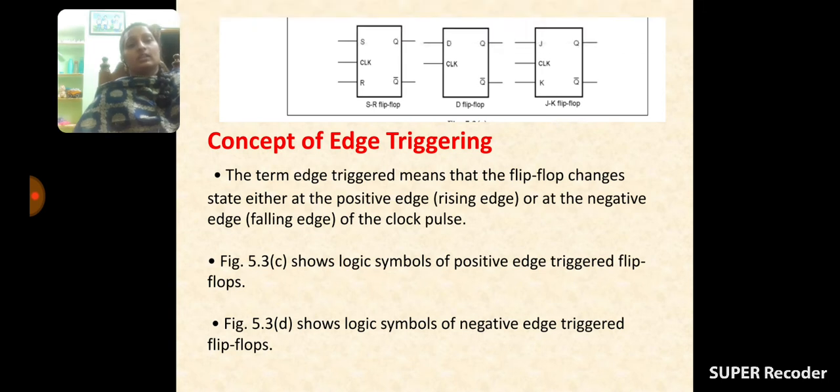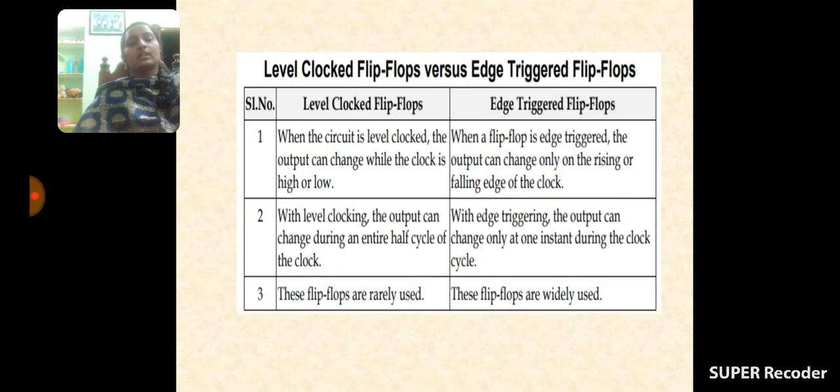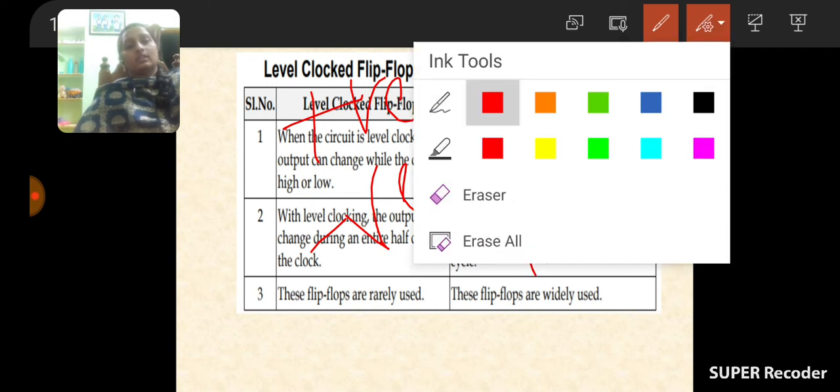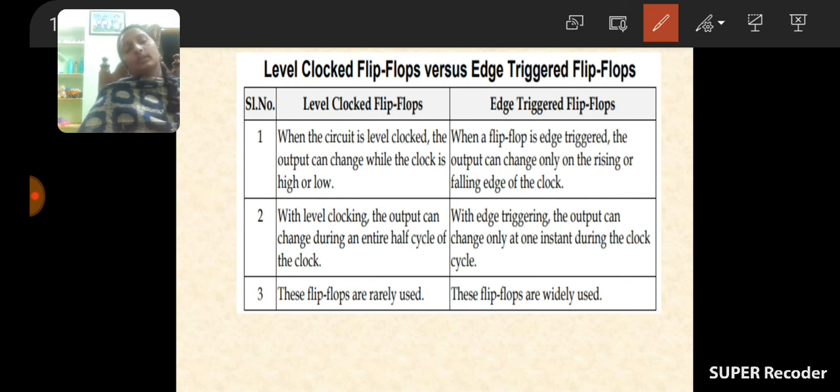So here clock triggering is of two types. Level triggering is of two types: positive level triggering, negative level triggering. And edge triggering is of two types: rising edge triggering as well as falling edge triggering. So finally, how many types of triggerings are there? 4 types of triggerings are there.